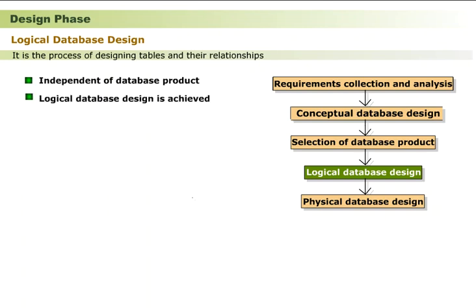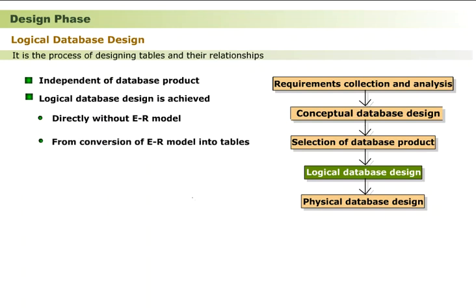The logical database design can be achieved by designing tables directly from the detailed description of the system under study without using any modeling tool such as the entity relationship model. But it is strongly recommended that the entity relationship model be used as a structured analytical tool which is easily converted into logical database design.